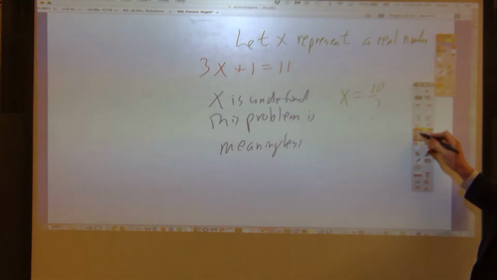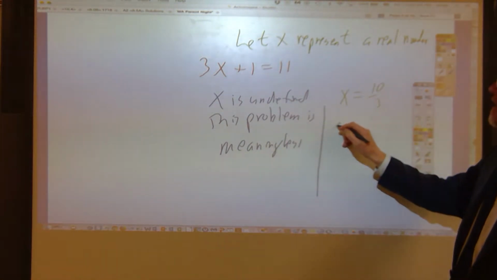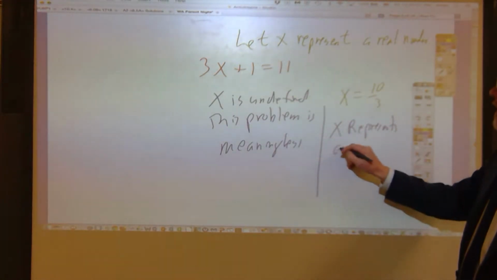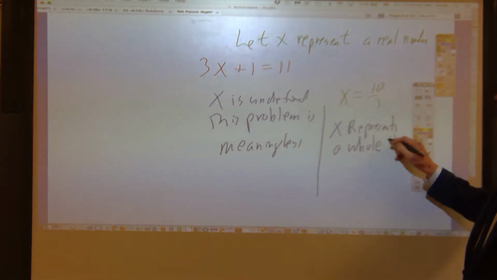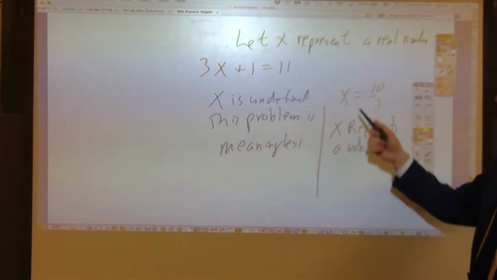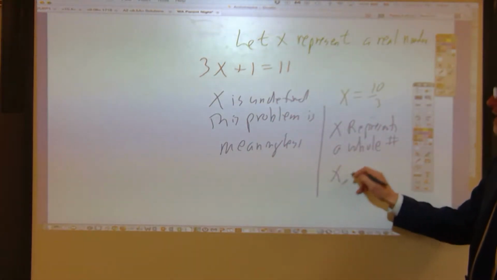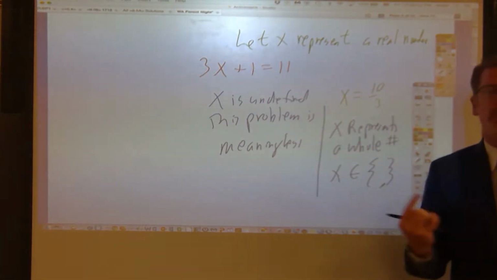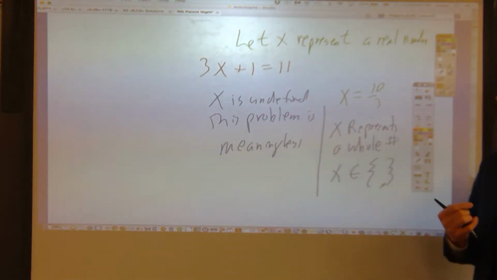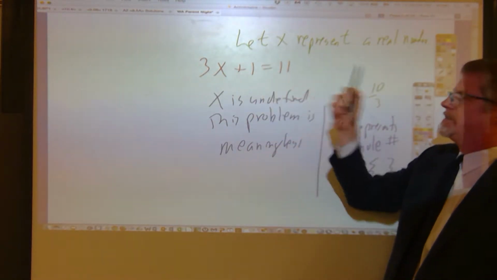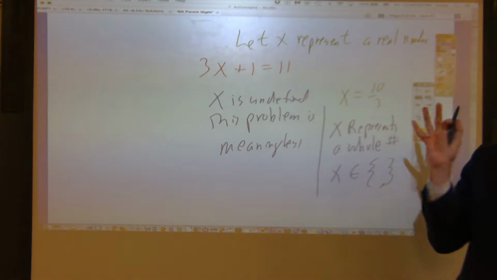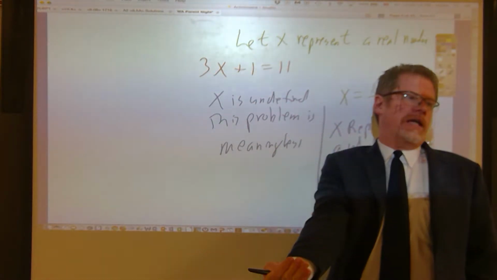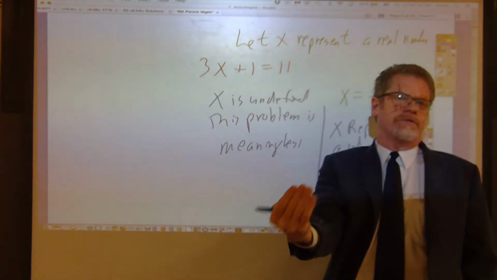If I had said x represents a whole number, then, since 10/3 is not a whole number, the answer would have been x is an element of the empty set. No solution. There are no whole numbers that can be multiplied by 3 and then have 1 added on to get 11.